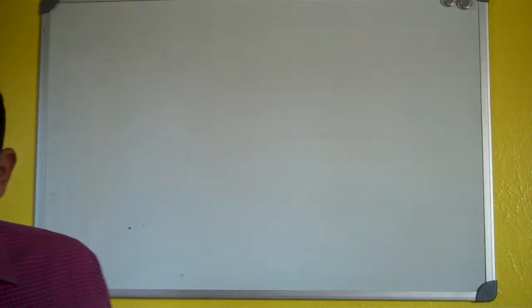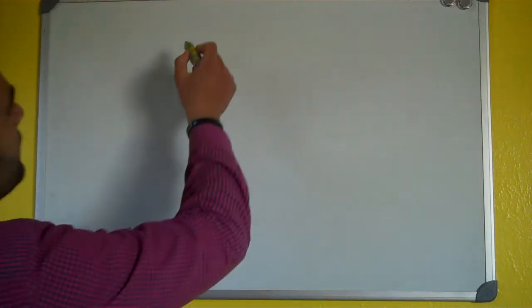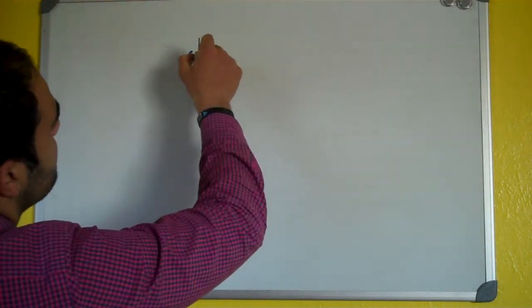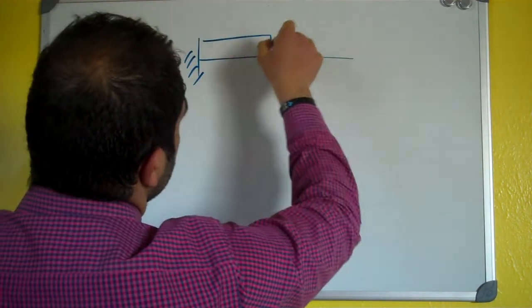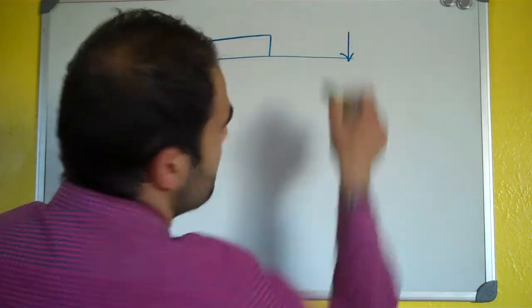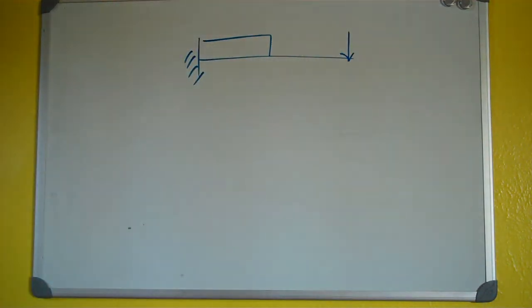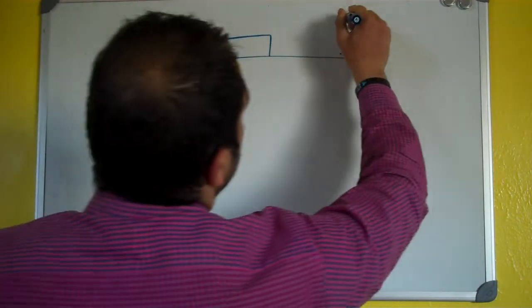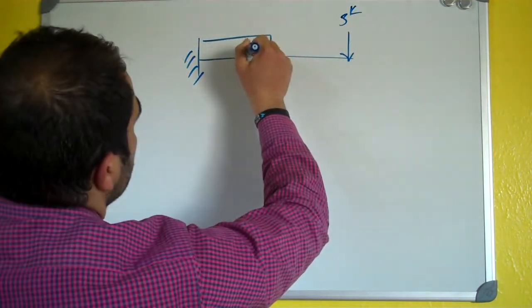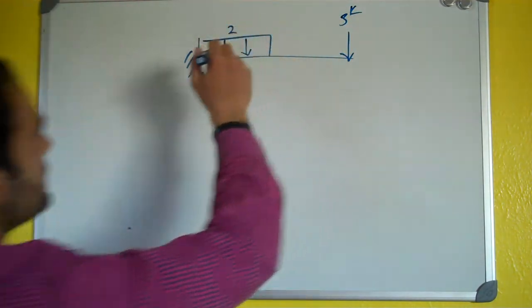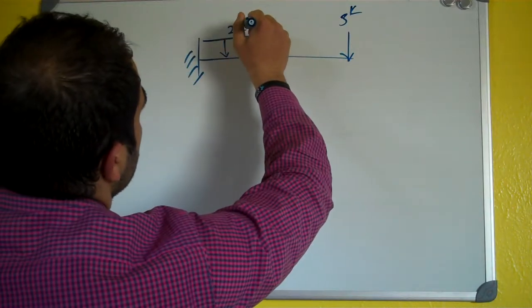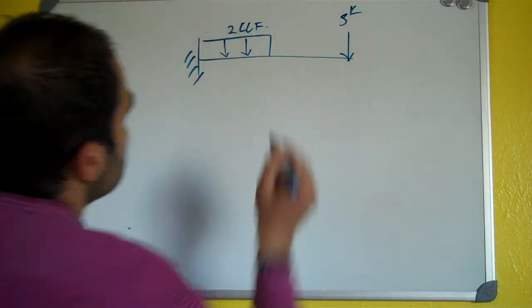I've got a quick question from a student: what about if I have something like this? According to his question, there is a 3 kip load and a UDL of 2 kip per linear foot.